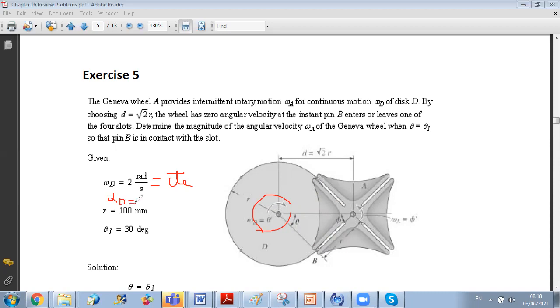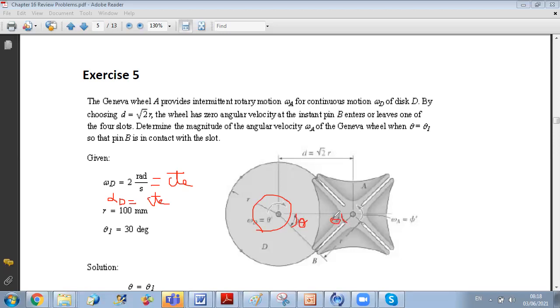Now, concerning the second wheel, we just need to relate its motion with the motion of D. And as you can see here, wheel D position is given by angle theta. So what we should do is try to relate the angle theta to the angle of rotation of wheel A, phi.